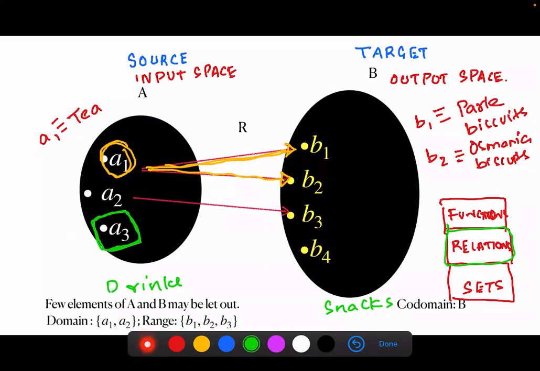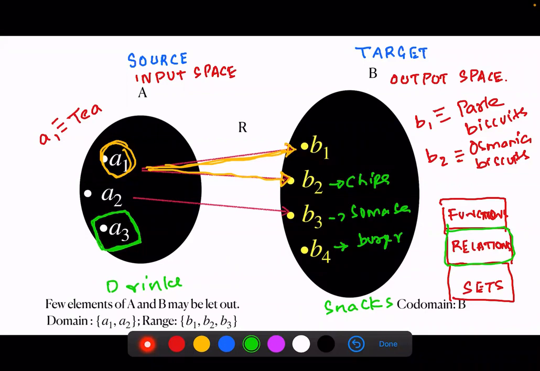B2 could be chips, B3 could be samosa, and B4 could be a burger. And we'll take examples: A1 is tea, A2 is coffee, and maybe A3 is like juice. You're okay? And then range is what?